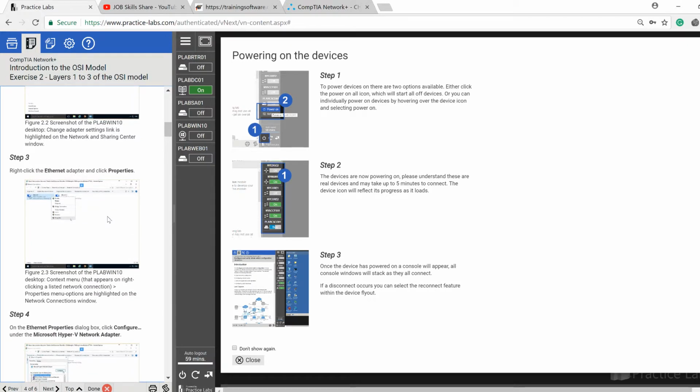Now of course this lab is totally different. They might be doing something to fix, but what they're explaining is, when you're doing this, what OSI model layer you're working on.